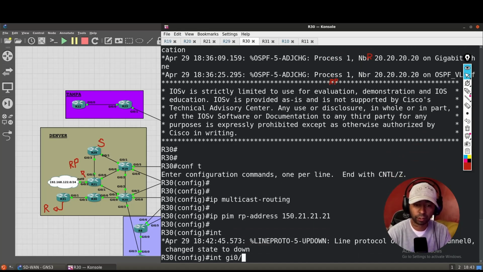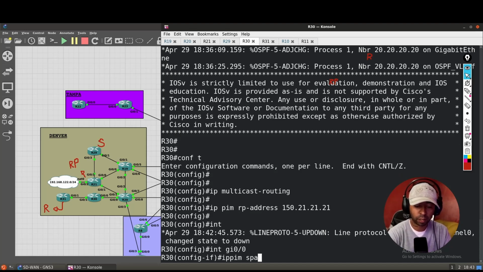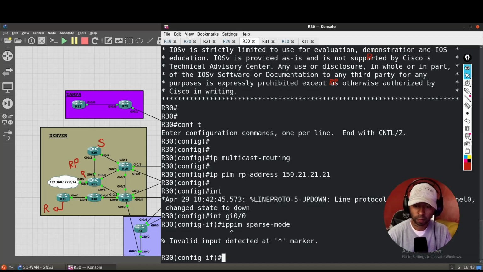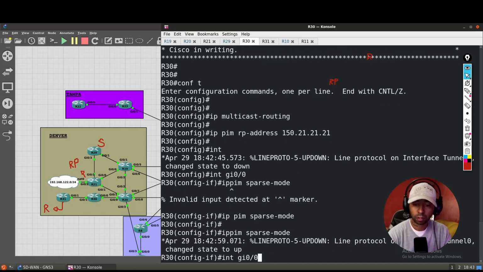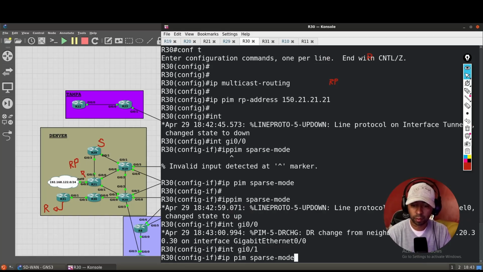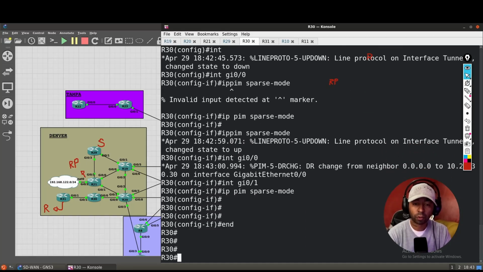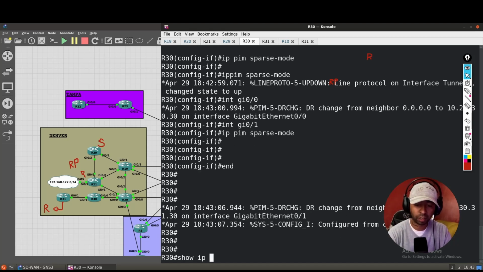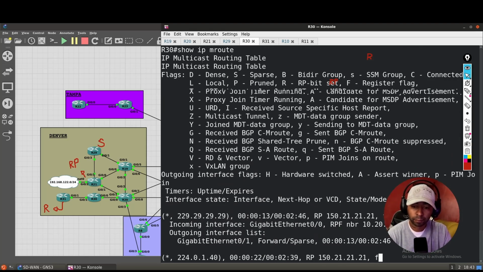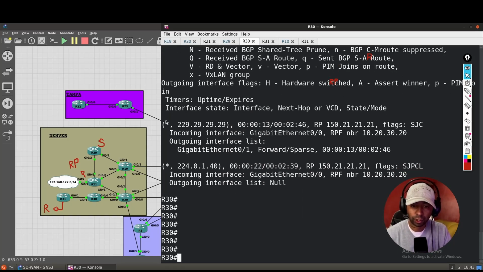Interface gigabit 00, ip pim sparse-mode, and also 01, ip pim sparse-mode. Now that we configured PIM sparse mode on both interfaces, we are able to receive the *,G of the receiver. Show ip mroute, here is the *,G of the receiver.